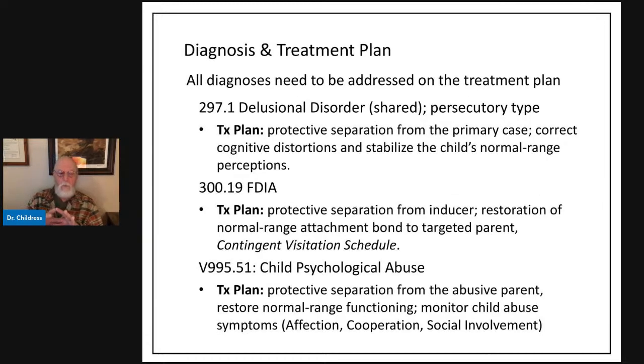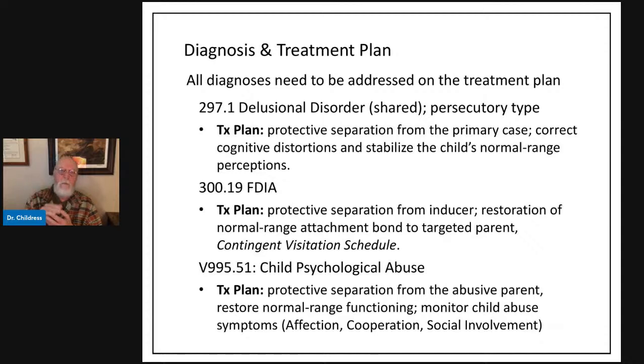Now, the reason to diagnose the full scope of the issues involved is that every diagnosis that is provided needs to be addressed on the treatment plan, and a treatment plan cannot address an issue if it's not diagnosed.